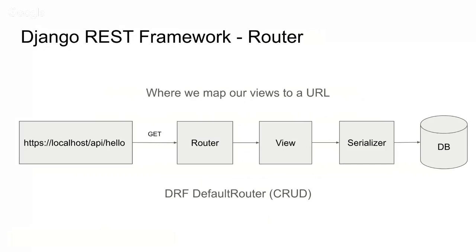So when a client requests a URL, the Django REST framework gets the URL from the request, and the router will call the correct view. Then the view will serialize the data if any data was provided in the request, and it will store the data in the database.